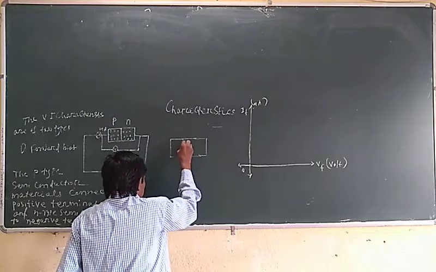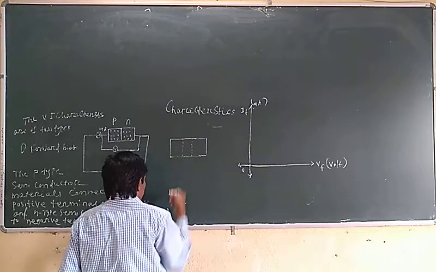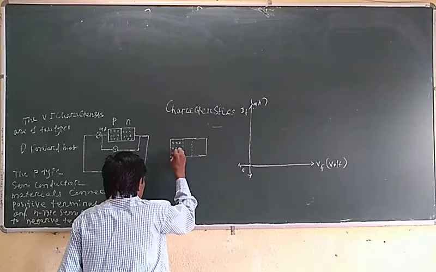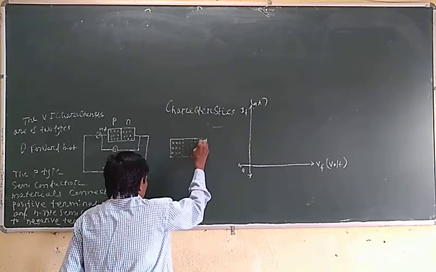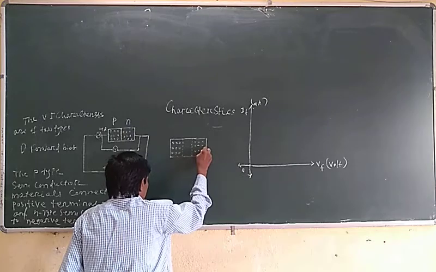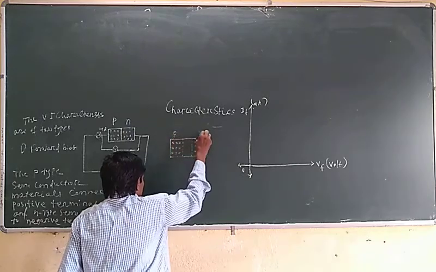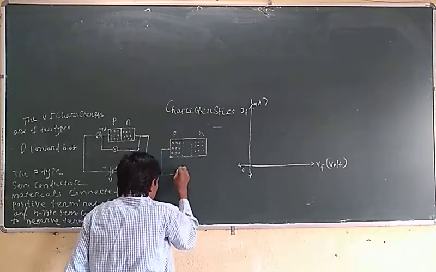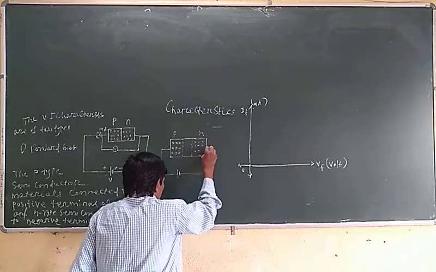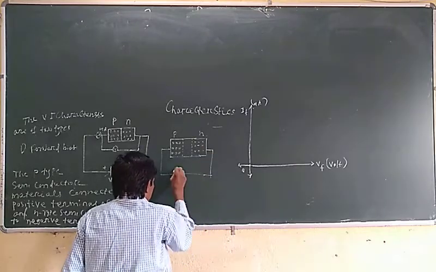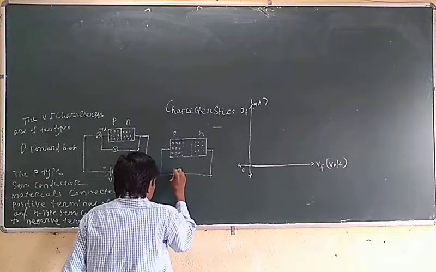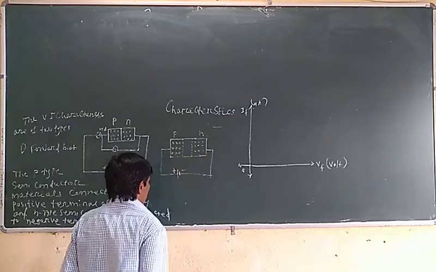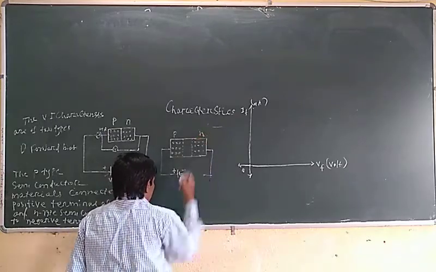So firstly, this is the barrier, and these are holes, and these are free electrons. This is the p type, and this is the n type. When we supply voltage in forward bias, the positive terminal of the battery connects to holes, and the negative terminal of the battery connects to n material or electrons.